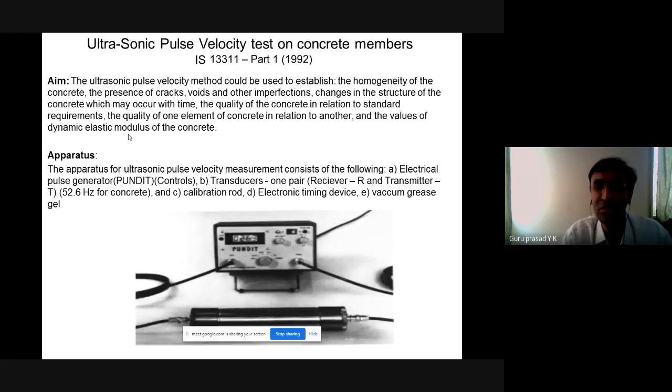Now, all of us know that when we cast concrete in the lab, we follow the mix design proportions in a very strict manner, because it's an ideal condition in the laboratory. We follow the water cement ratio, whatever is the quantity of cement, fine aggregate, coarse aggregate, or any amount of admixtures to be used.